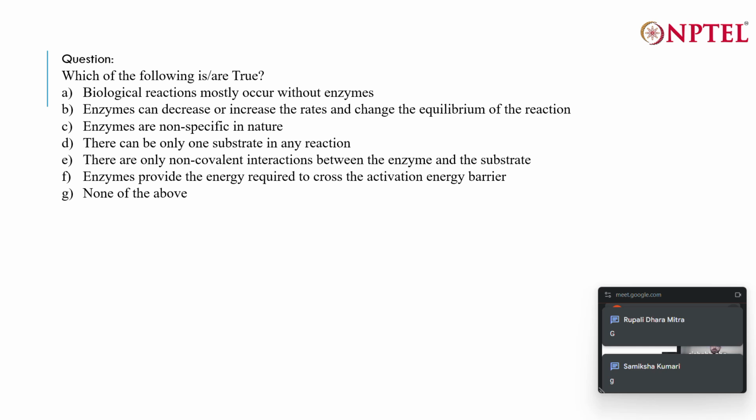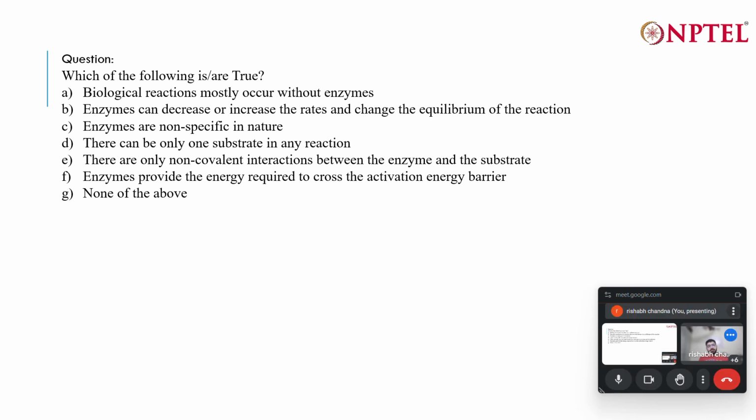Okay. So, the correct answer is G. That means none of these statements are correct. Let's see. Biological reactions mostly occur without enzymes? No. All the reactions that happen in a biological setup in our body happen with the help of the enzymes only.